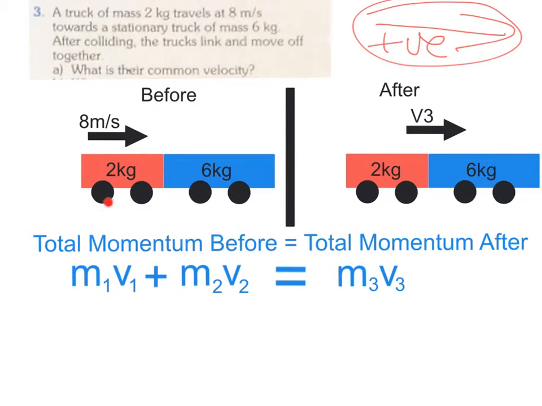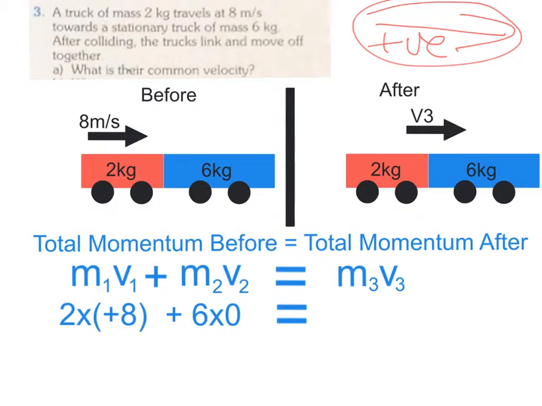So M1 is 2 kilograms and V1 is plus 8 meters per second. So 2 kilograms times plus 8 meters per second is added to 6 kilograms times 0 meters per second.